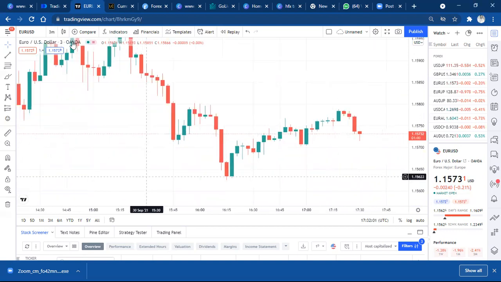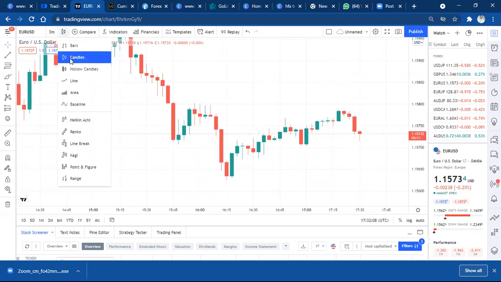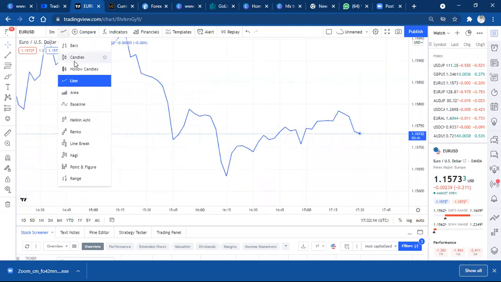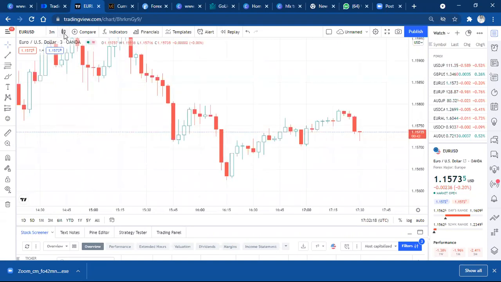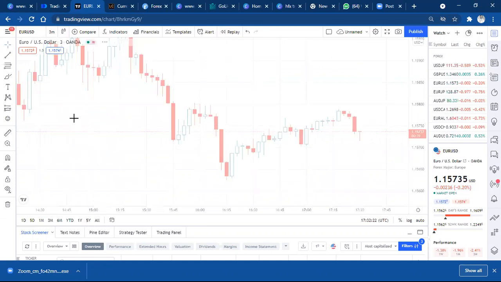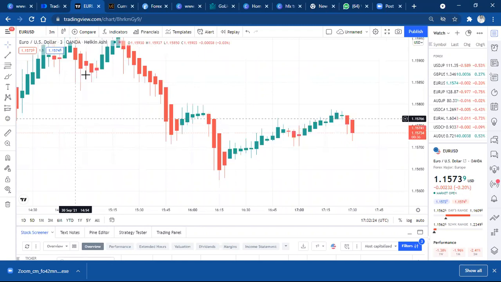All right. So the next thing beside time frame is candles. You can change the shape of your chart. You can change it to a line. Yes, you can change it here. You can change it to hollow candles. You can change the type of candles.